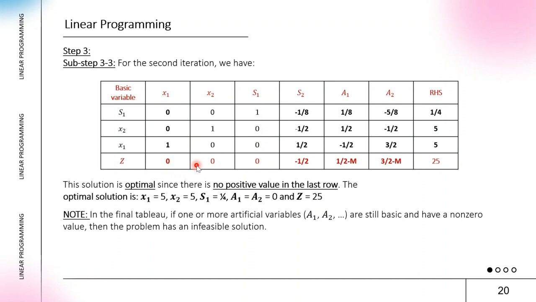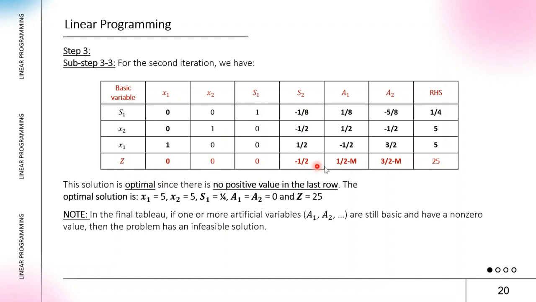After the second pivot, the final table is shown in this slide. Basic variables are S1, X2, and X1. Artificial variables A1 and A2 have become non-basic and take the value 0. So the solution is feasible. And as we can see, the Z row has no positive coefficients.